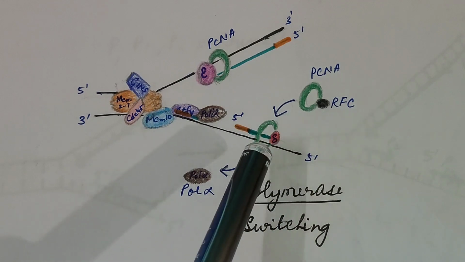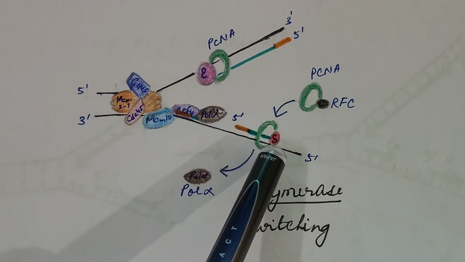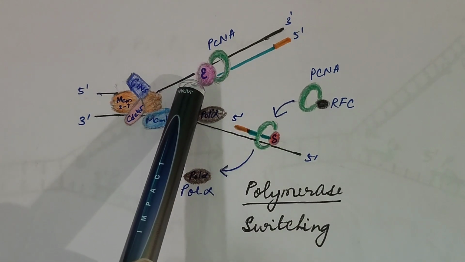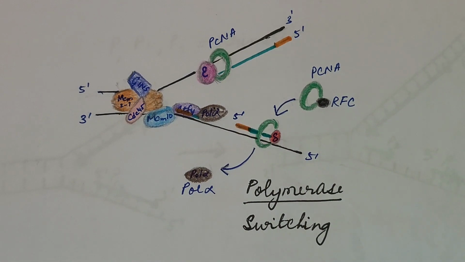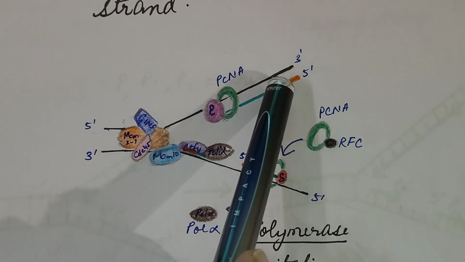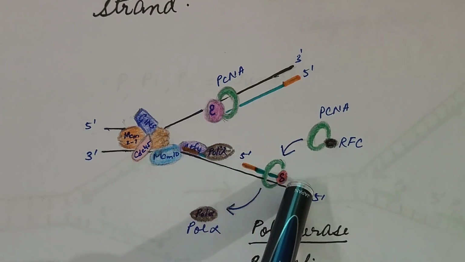So the process of replacement of DNA polymerase alpha by the main replicative DNA polymerases, that is DNA polymerase epsilon and DNA polymerase delta, is known as polymerase switching. So this DNA polymerase epsilon synthesizes the leading strand, DNA polymerase delta synthesizes the lagging strand.